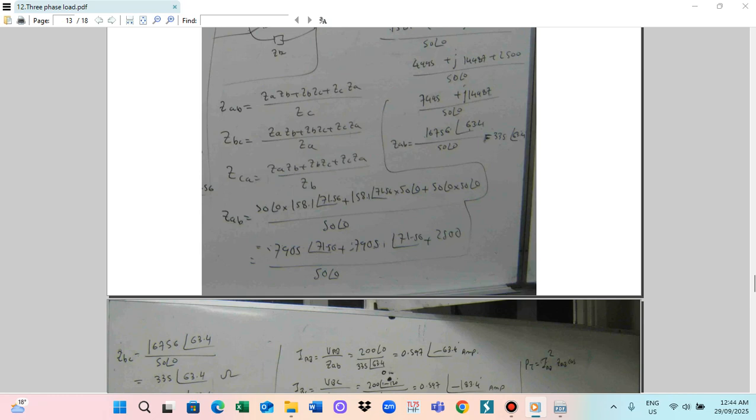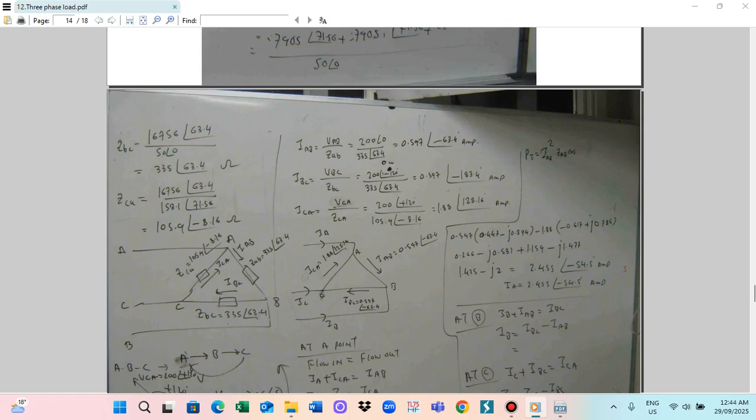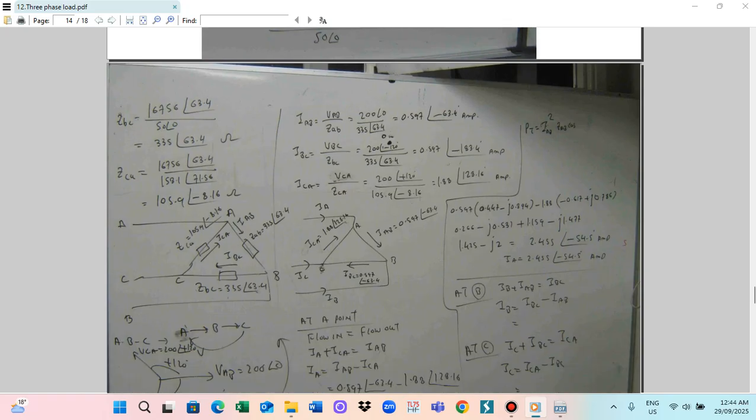ZBC is 335 angle 3.4 and ZCA is 105.9 angle minus 8.16. So this is A and the BC. So normally this one is A here, this is B, and this is C.